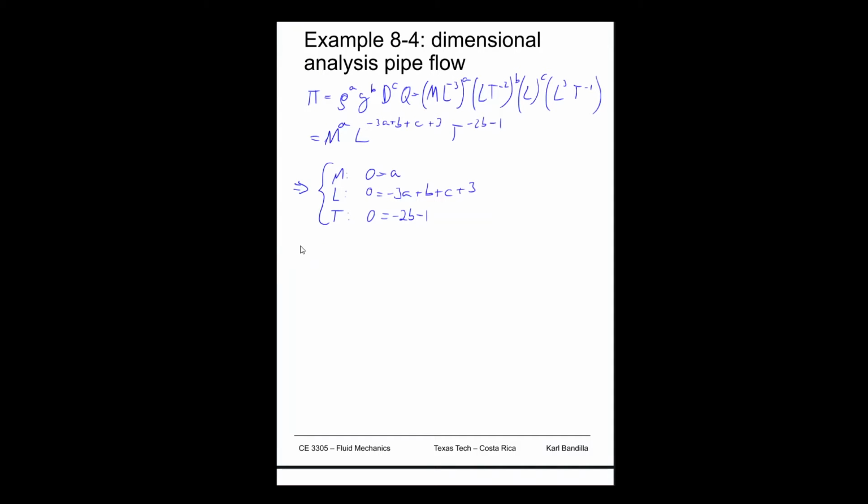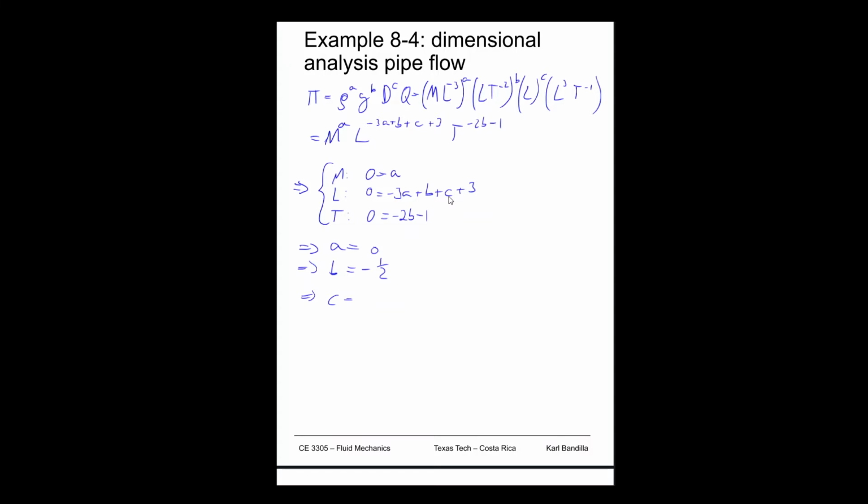Then from that we can say, of course, A is equal to 0. For B, if we bring that over, we'd have 2B is equal to minus 1, so B is minus 1/2. And then C. C is then, what do we get?